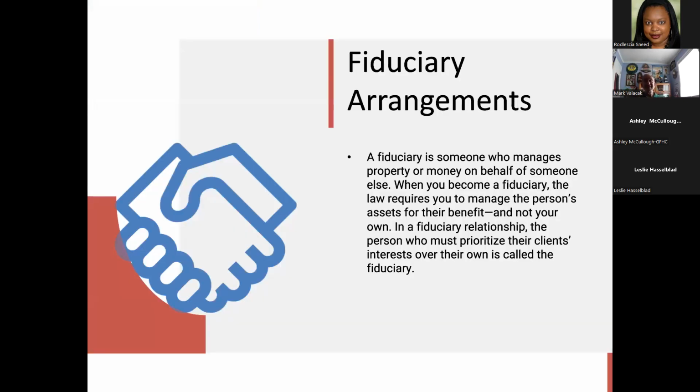Now, in some cases, you may be a brand new agency. You don't have an accountant, or you haven't got standards in place for purchasing items. You may want to look at the possibility of a fiduciary arrangement.